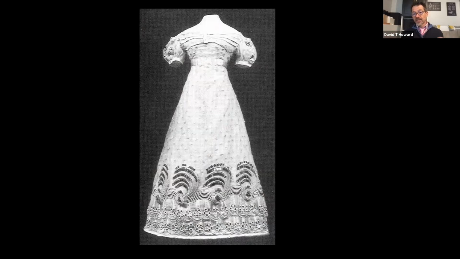And here we're starting to take that step out of the empire into the romantic. Can you see how the edge of the collar, I guess you could say, or the opening has started to move down onto the ball of the shoulder? And then the sleeves have started to balloon out, round out.